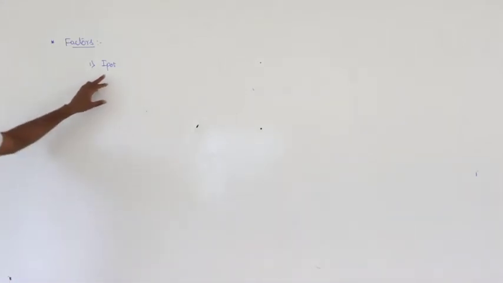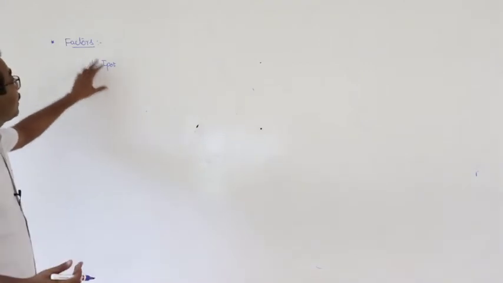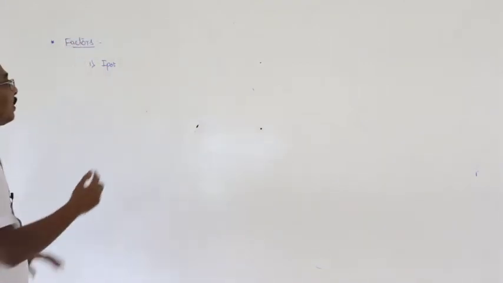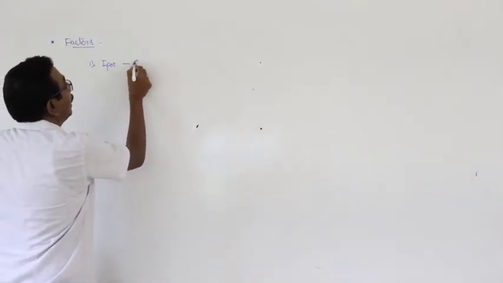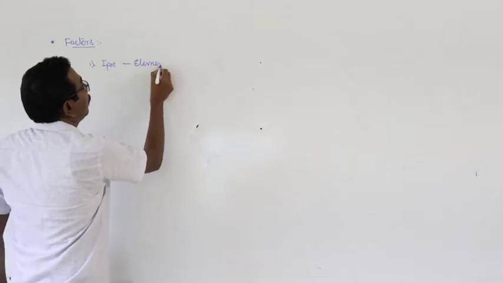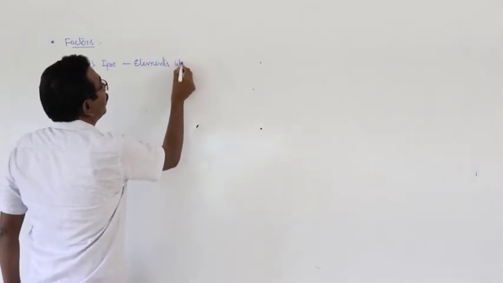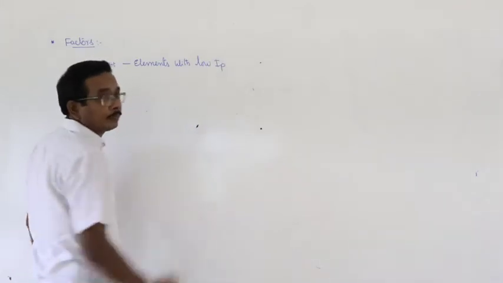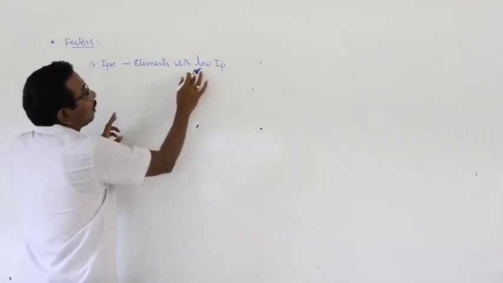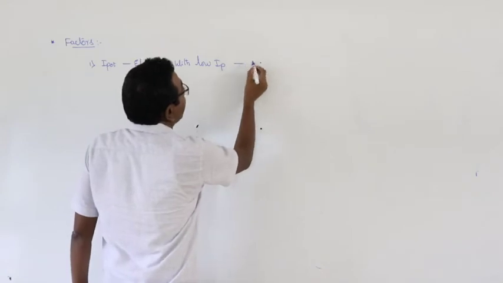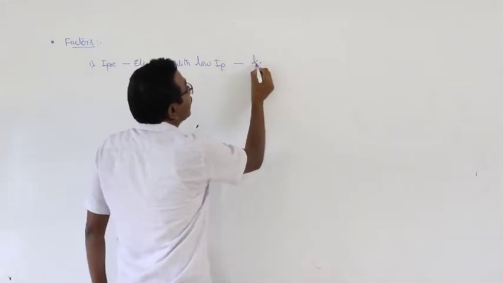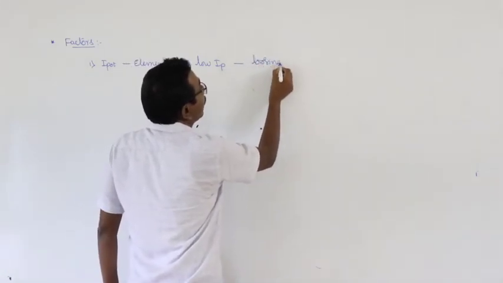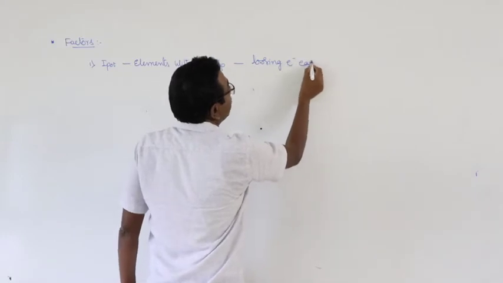How does ionization potential influence the oxidation states? Elements with low IP values have a tendency of losing electrons easily.